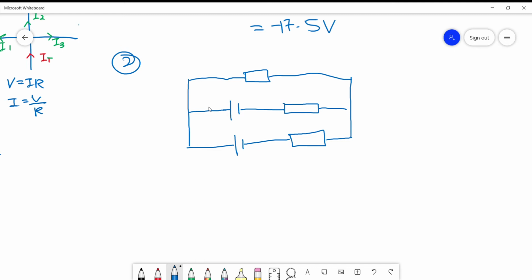For the first battery, we have 3 volts for the potential difference, and for the second battery I have 3 volts as well, and this is the first and the second current respectively. So this is I1 and this is I2.